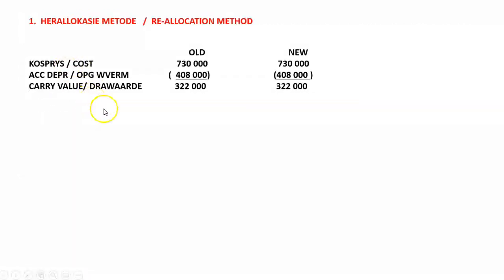Number 1 was determine the carry value of the asset as at the beginning of the current financial year. It was the cost price less accumulated depreciation, and that gave us a carry value at the beginning of the year of 322,000. I'm going to start my new way with the 322,000. I don't even have to write that down, guys.